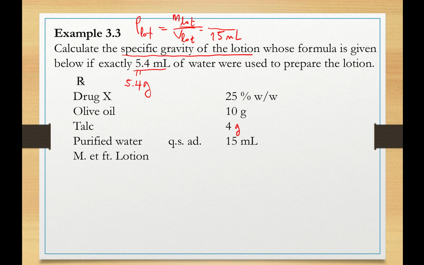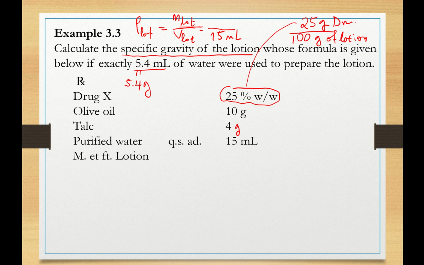Okay, you are given the concentration of the drug for a reason. So think about it. First of all, we should explain what it is. So this 25% weight per weight, I understand that the explanation of units of concentration comes in the next chapter. The exact definition is 25 grams per 100 grams of lotion, of mixture.